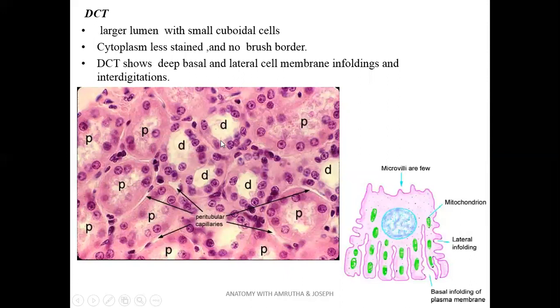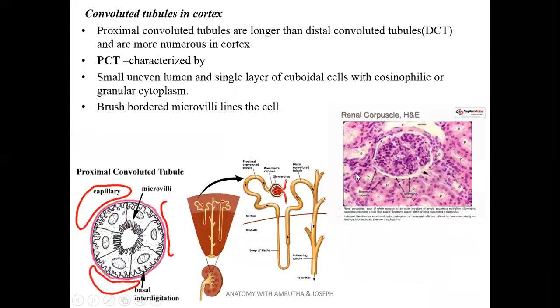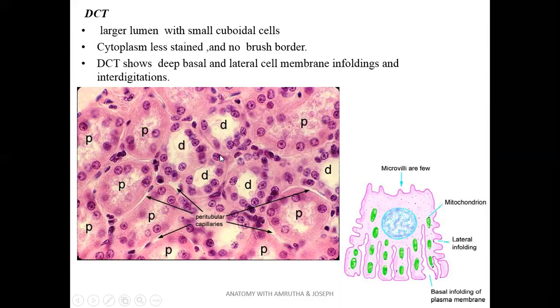The cytoplasm is less stained and there is no brush border, whereas PCT staining is a little darker. PCT staining is darker, whereas DCT staining is lighter, and the lumen in the PCT is small, whereas the DCT lumen is bigger.